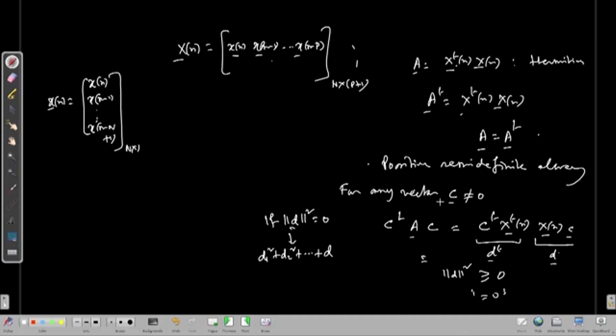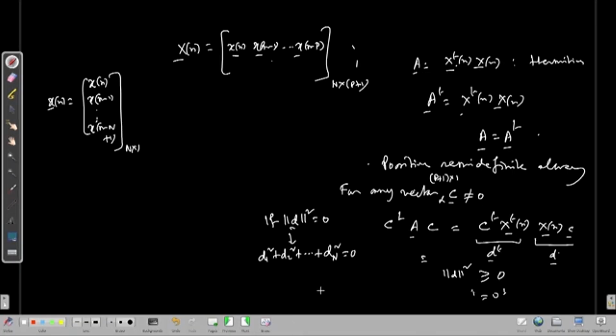For any vector, let me write, p plus 1 entries in a vector C, you are multiplying by x n, there are p plus 1 columns. So the resulting vector will be a length n vector. So D is a length n vector, and norm square of D is this.